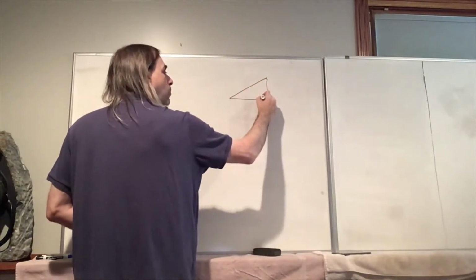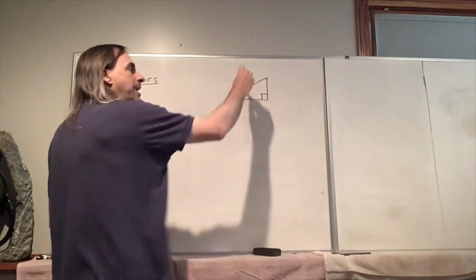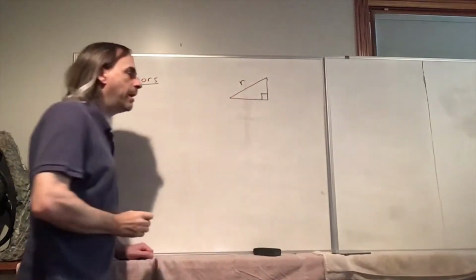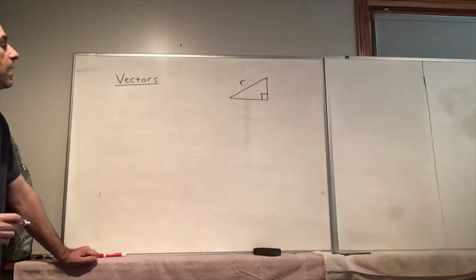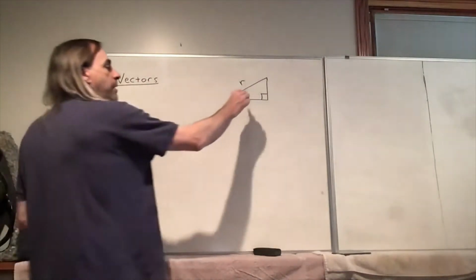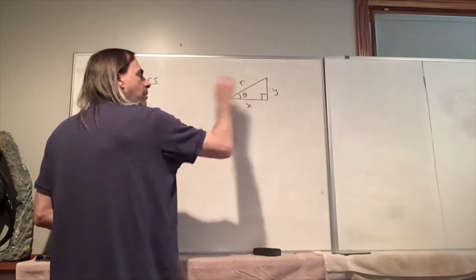So say this is a right triangle, that would be our right angle. And across from the right angle is the hypotenuse. And I'm going to call that R for reasons that might be clear later. And we'll call this x and y. And we'll say this angle is theta.